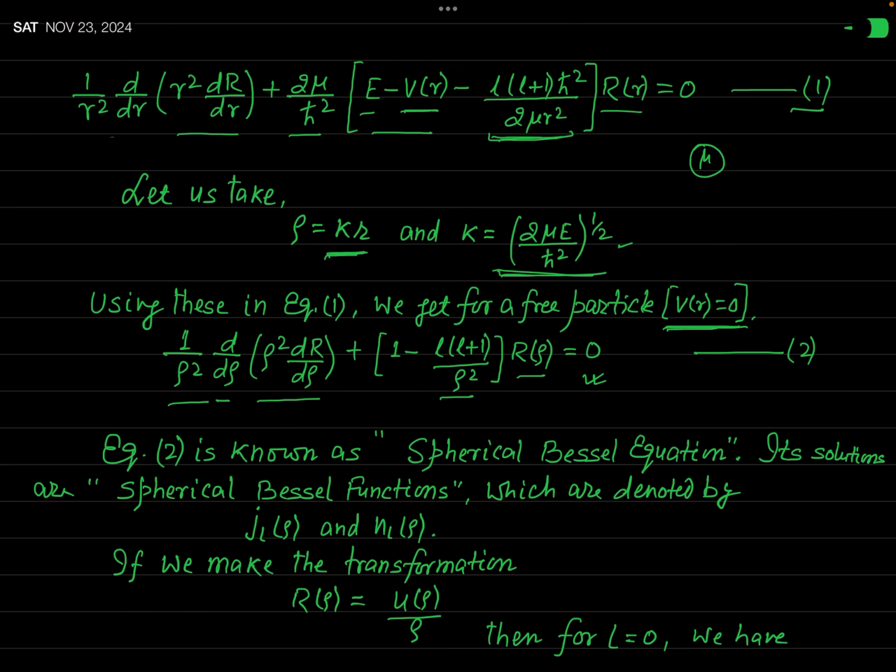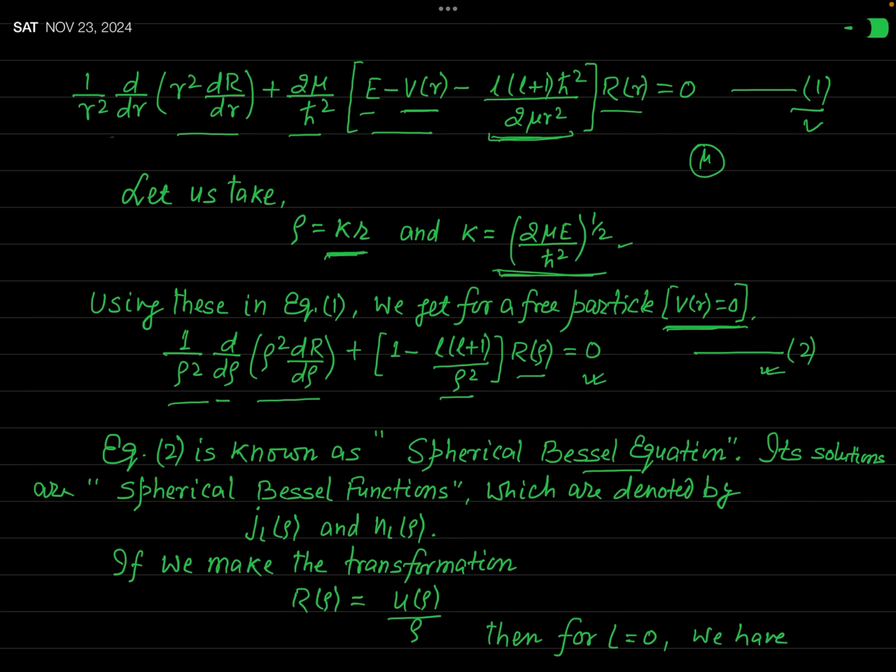So after this, our equation number 1 becomes as you can see in equation number 2. In fact, this equation 2 which we have obtained here is known as a spherical Bessel equation. This is a second order differential equation, so at least there will be two independent solutions of this equation.